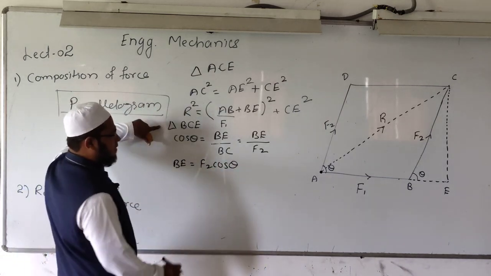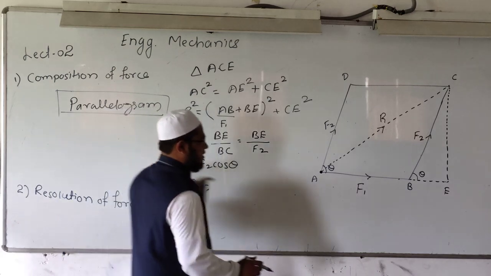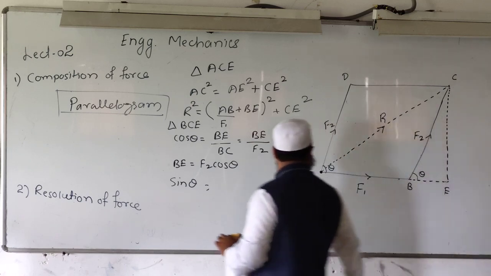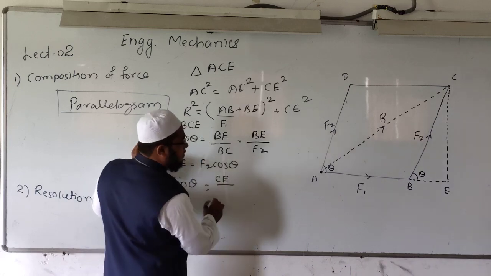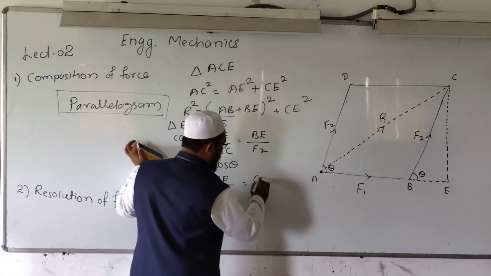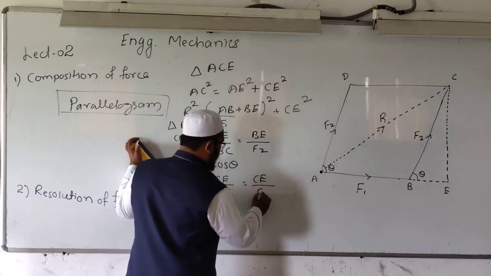Similarly, in the same triangle BCE, if you take sin theta, that means opposite upon hypotenuse, CE upon BC. CE we have to find, therefore we write CE as it is, and BC is F2.